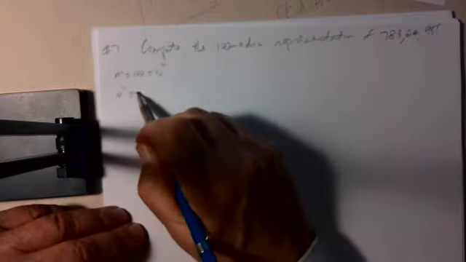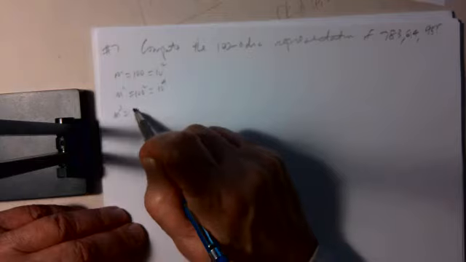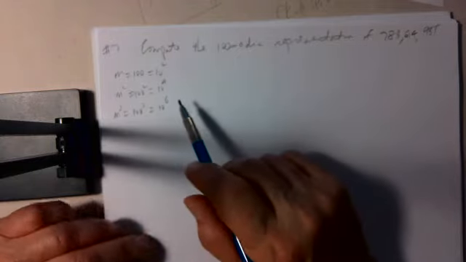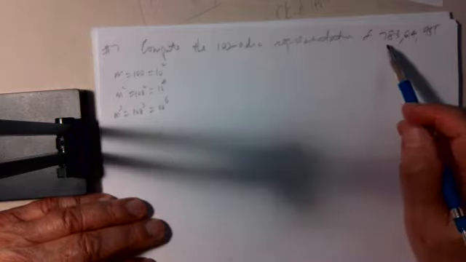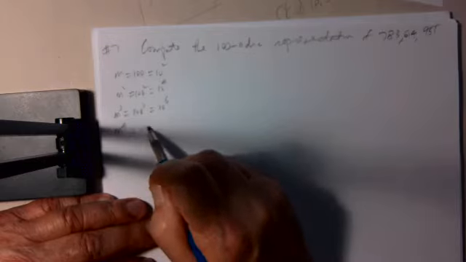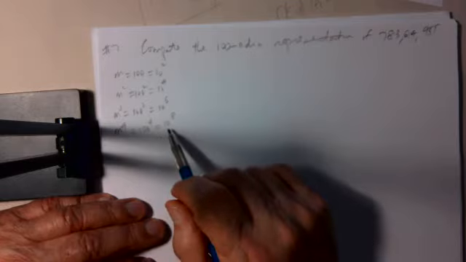So, M is 10 squared. M squared is 100 squared, or 10 to the 4th. M cubed is 100 cubed, or 10 to the 6th, and so on. Let's see. So what is this number? This is 700 million. M to the fourth, which is 100 to the fourth, is 10 to the eighth, which is 100 million.